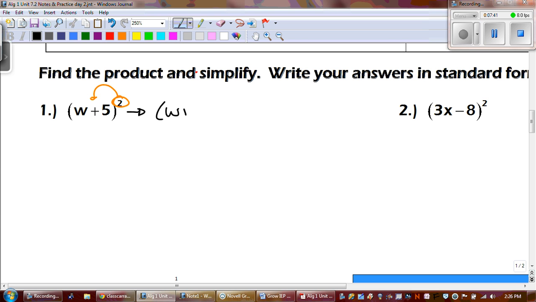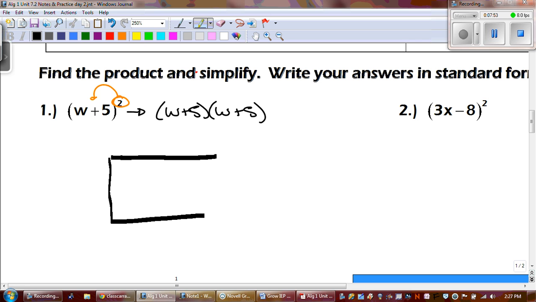So I'm always going to write it out like that. So it's w plus 5 times w plus 5. And this is a binomial times a binomial. So w plus 5 and w plus 5.